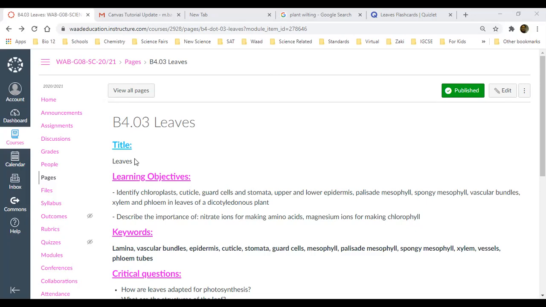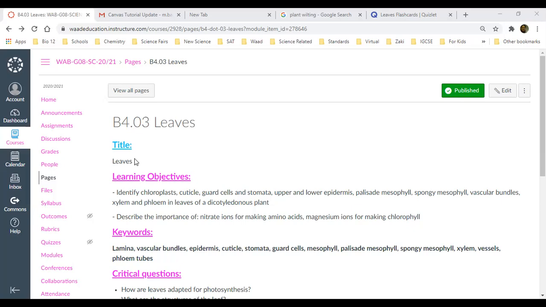Learning objectives. Identify chloroplast, cuticle, guard cells, and stomata, upper and lower epidermis, palisade mesophyll, spongy mesophyll, vascular bundles, xylem and phloem in leaves of a dicotyledonous plant.